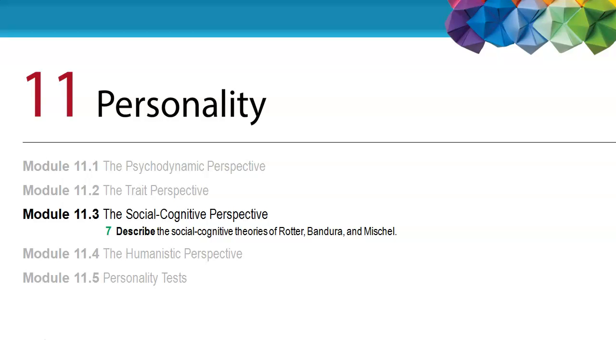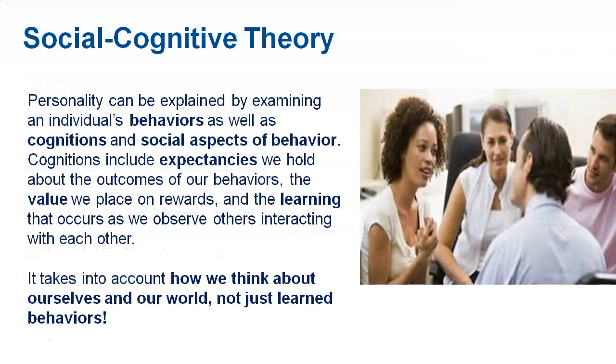So instead of looking at individual traits that make up the personality, this is again going into a perspective, looking at a combination of things. Of course, when you look at social cognitive theory, you see social and cognitive.